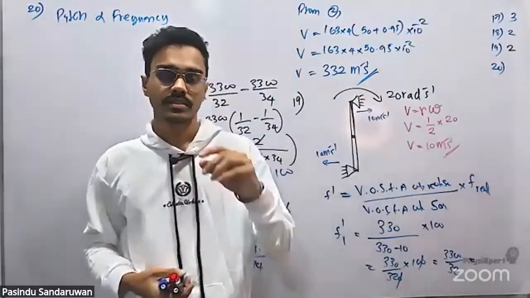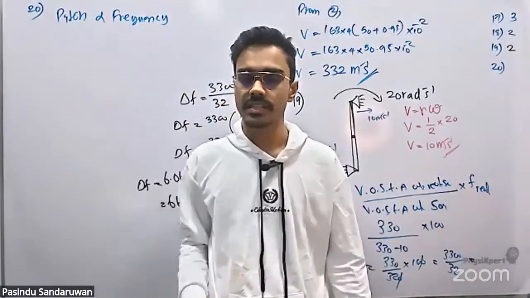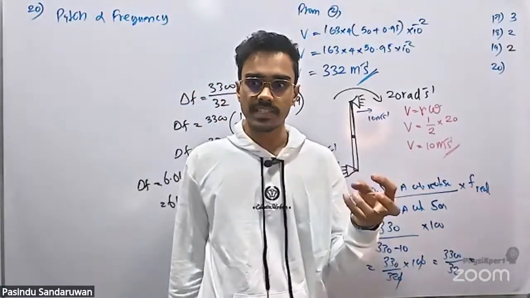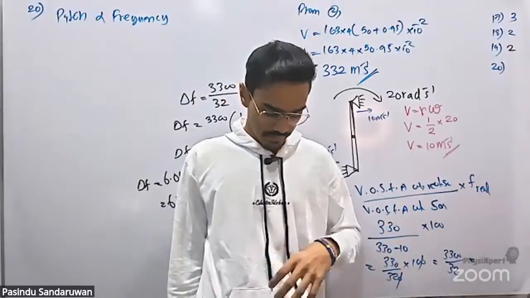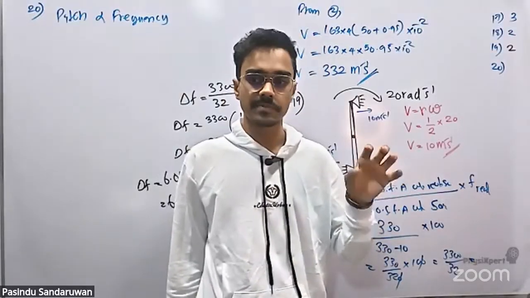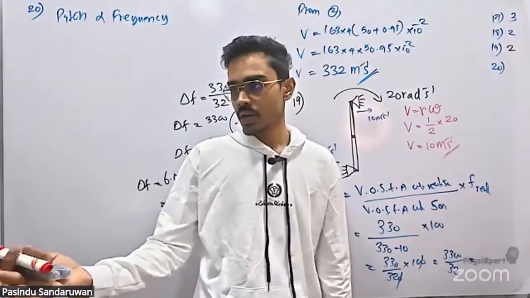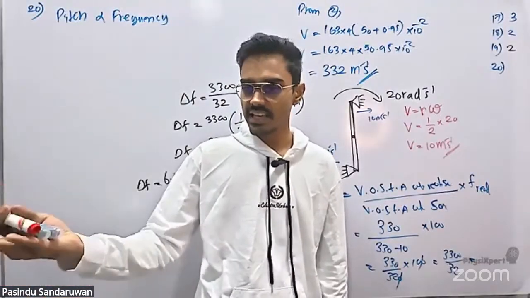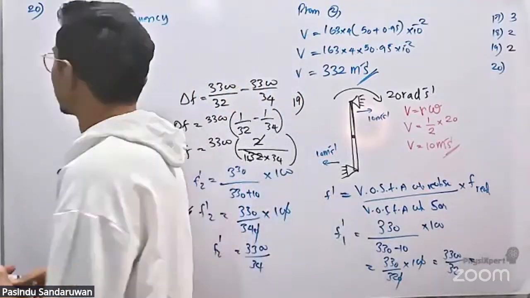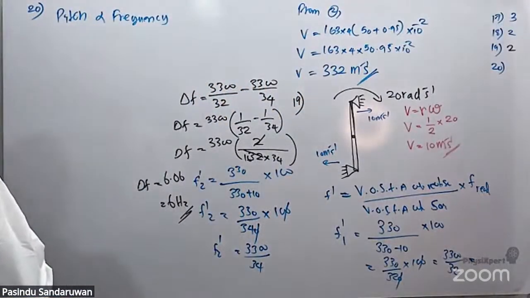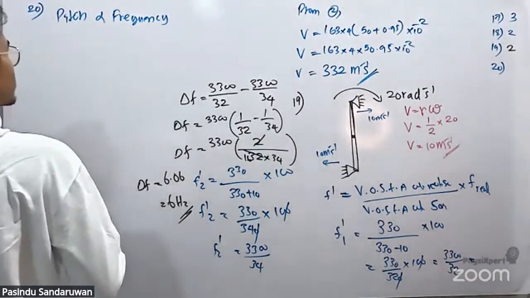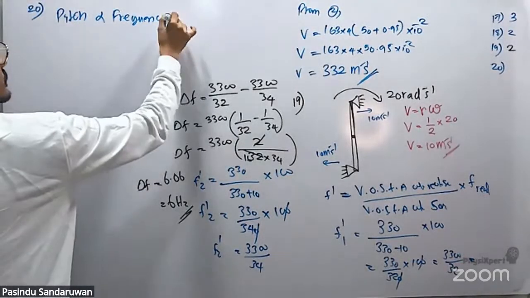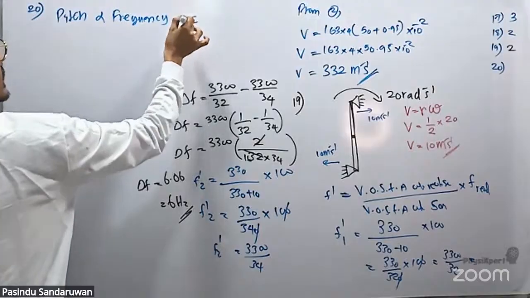Got the point? Frequency of a wave is the number of vibrations per second. Now, clearly we can see the highest number of vibrations per second is in C. So the wave with the highest pitch is C.